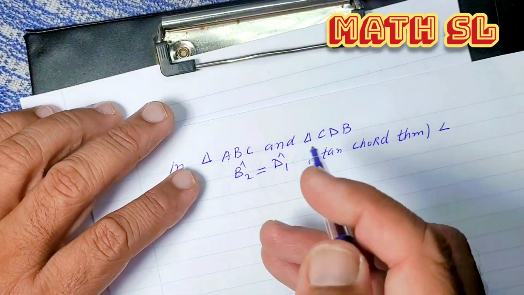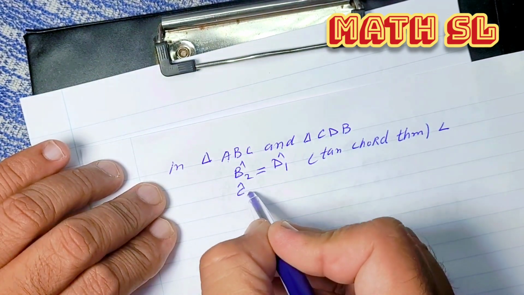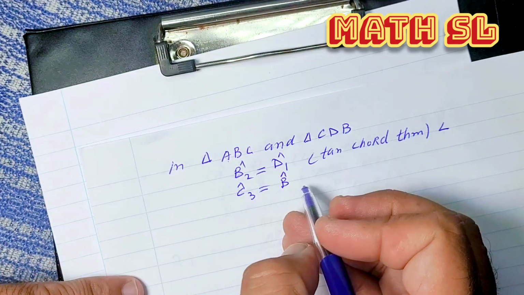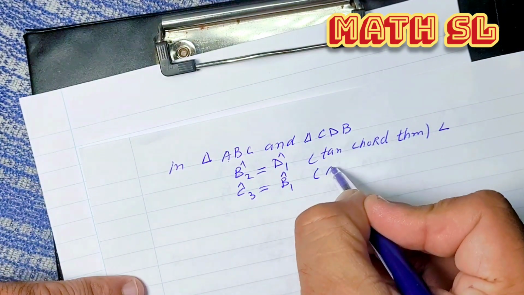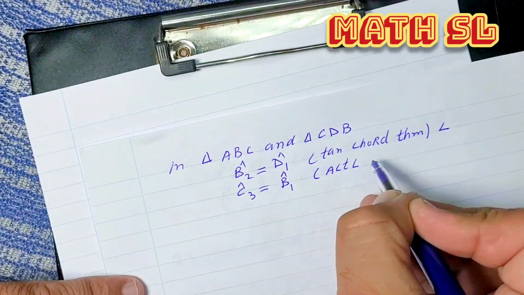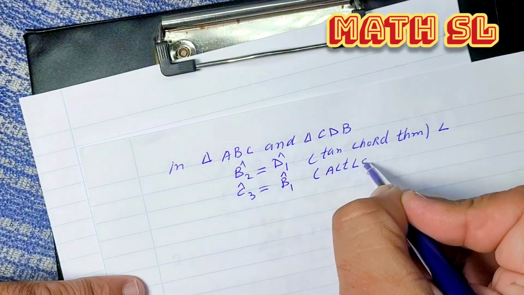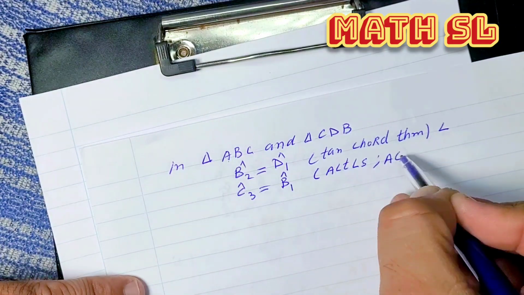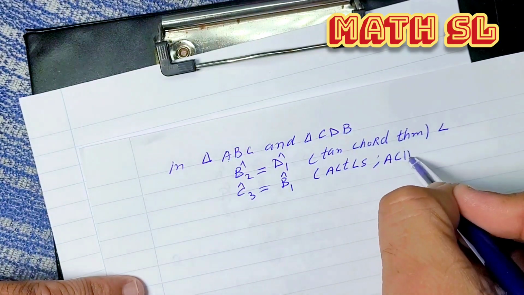So angle C3 is equal to angle B1, alternate angles, and we're using the two parallel lines, which are AC parallel to BE.